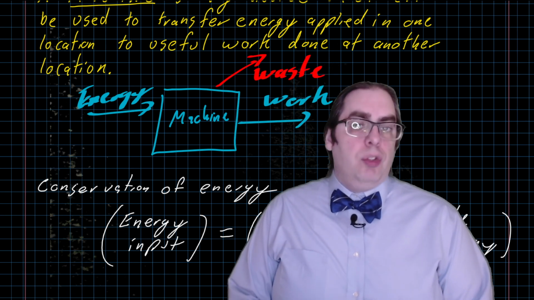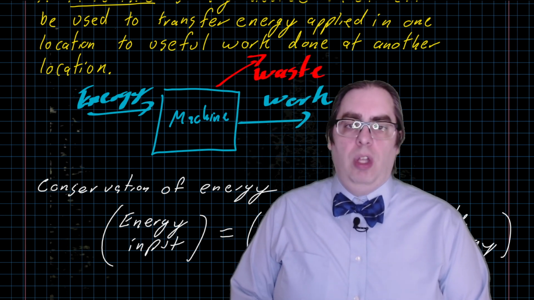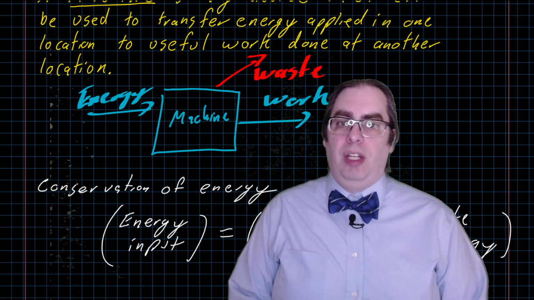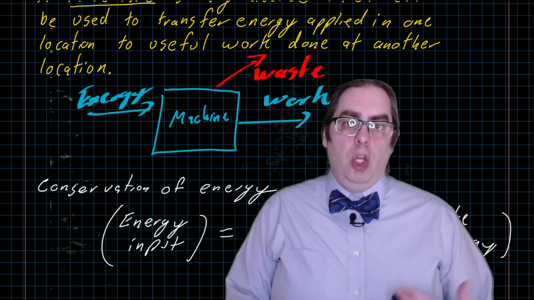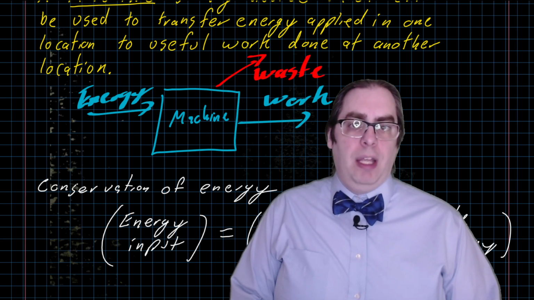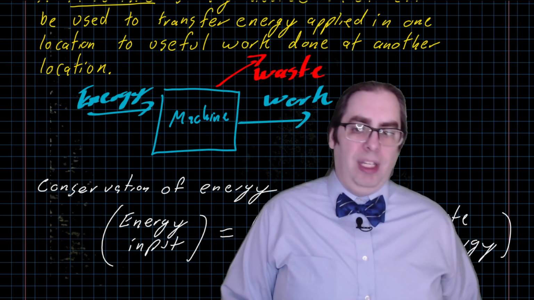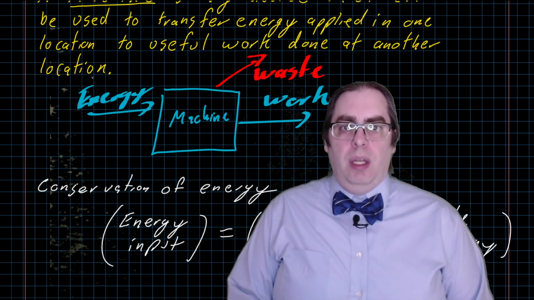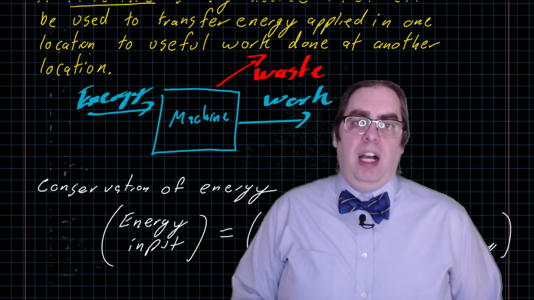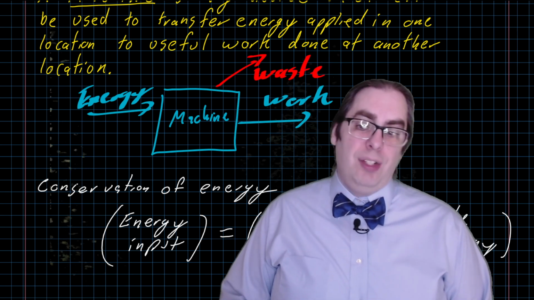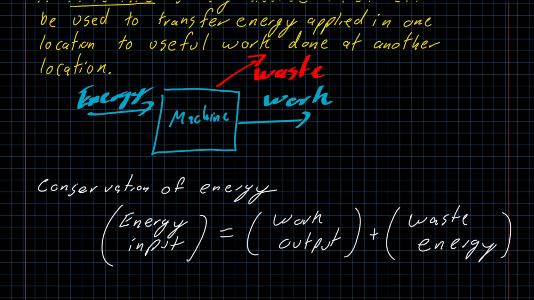If we were interested in pursuing this, the important measure here is called the efficiency, the ratio of the work done by the machine to the energy that is put into the machine. But for the sake of getting through to the interesting bits, we're actually going to ignore that for the time being. Let's just pretend that our machine is 100% efficient.